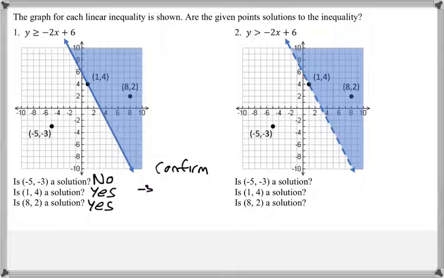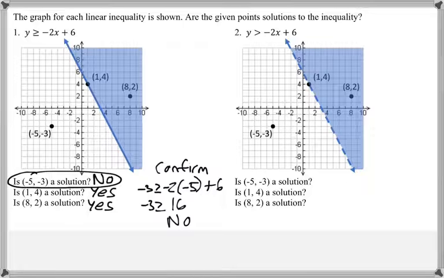So negative 3 is greater than or equal to negative 2 times negative 5 plus 6. And this will get you 16. Is that true? Is negative 3 greater than or equal to 16? No, that's not true. And that's consistent with what we said right here.